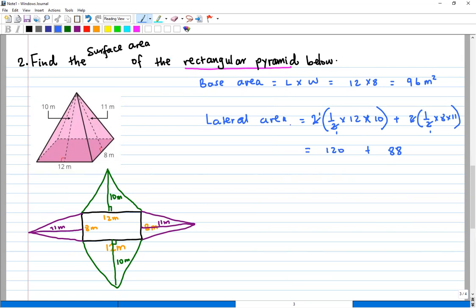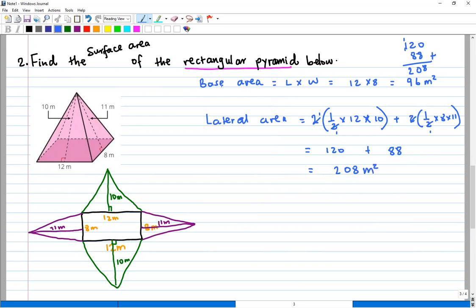So we have 120 plus 88. 8 plus 0 is 8, 2 plus 8 is 10, write 0 and carry 1, and so you get 208. So the lateral area is 208 square meters.